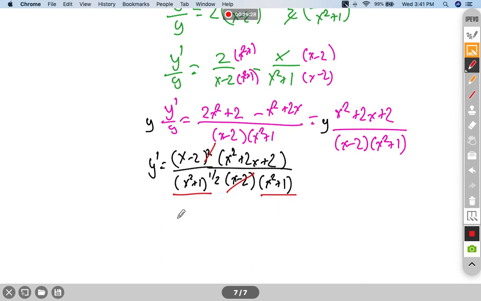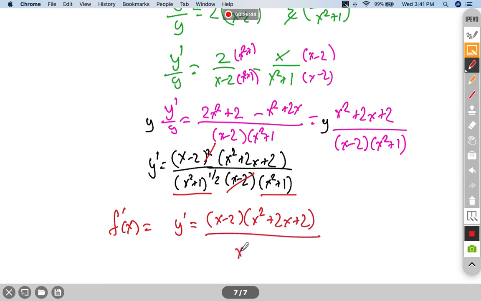So I can make this my derivative. So my f prime of x is x minus 2 times x squared plus 2x plus 2 divided by x squared plus 1 to the 3/2 power.